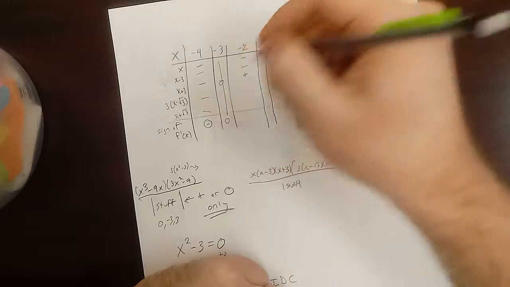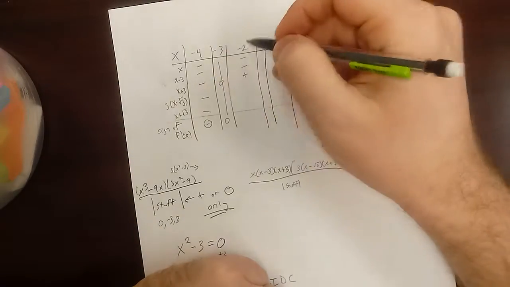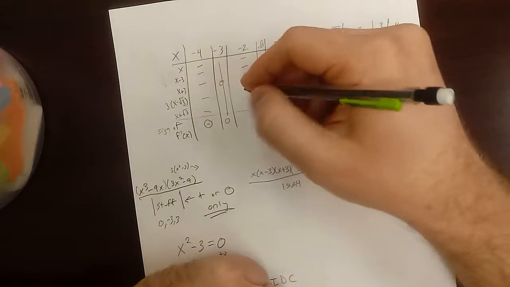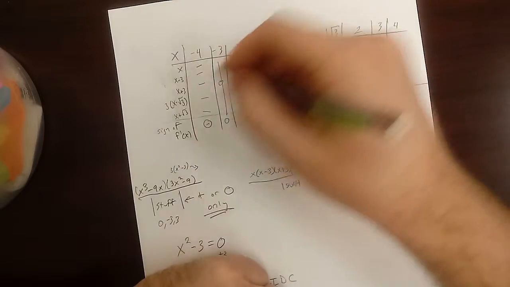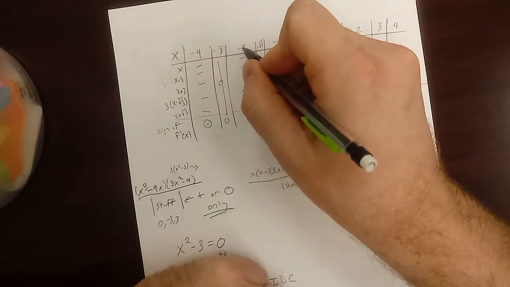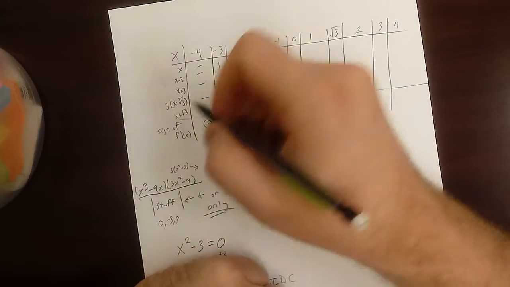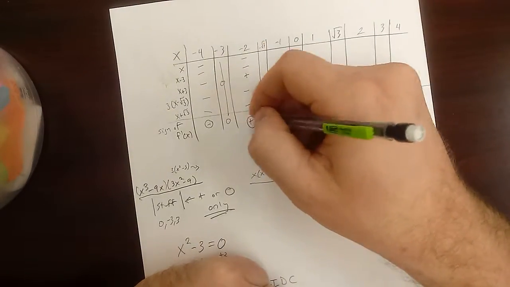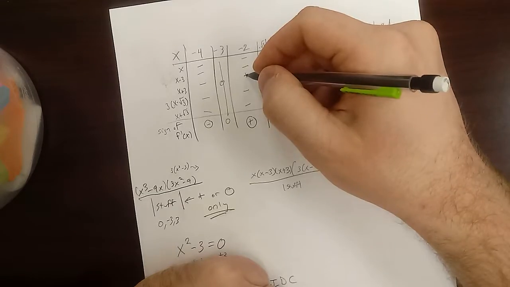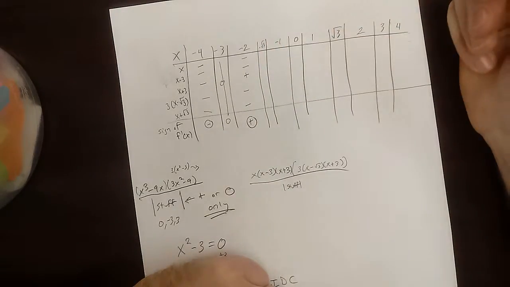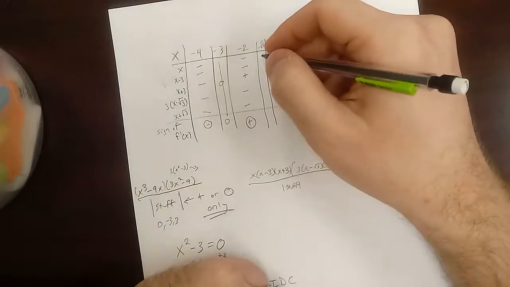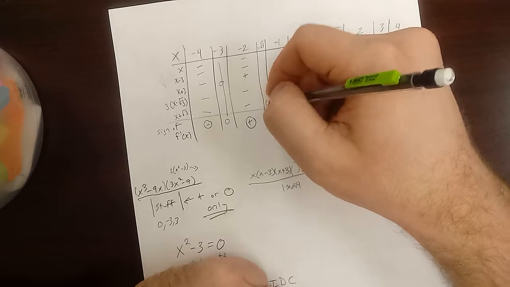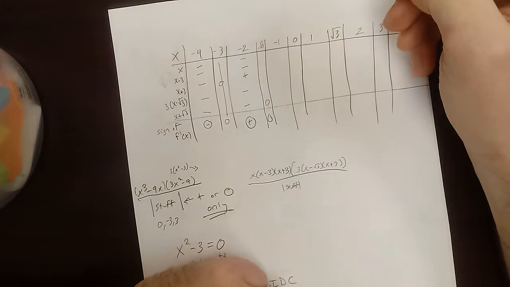I get a positive, I get a negative, and now this one's the close one, but -2 is bigger than root 3, so I do get a negative. So that winds up being positive because those two turn to positive, times a positive, those two turn to positive. All right. Here we have a 0, and so the whole thing is 0.